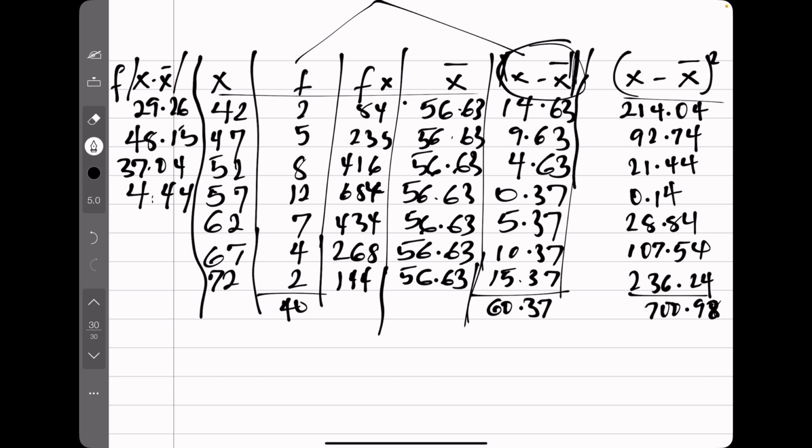And 5.37 times 7 is equal to 37.59. 10.37 times 4 will give you 41.48, and 2 times 15.37 will give you 30.74.